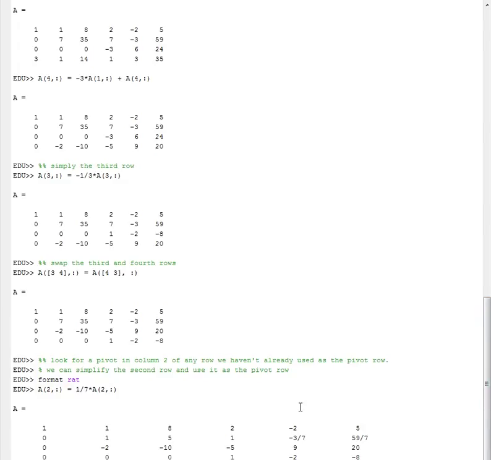I'm going to prefer the fraction representation. That's what this format rat does. Alright, so the second row is replaced by the second row divided by 7. So that gives us a 1 as expected, which we're going to use as our pivot.